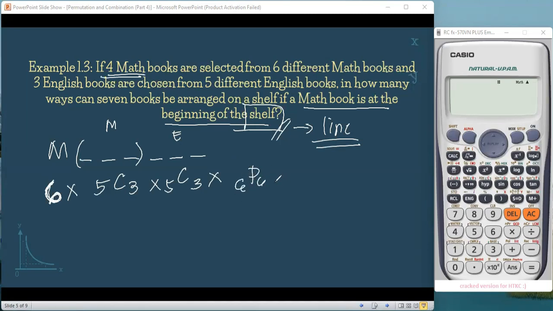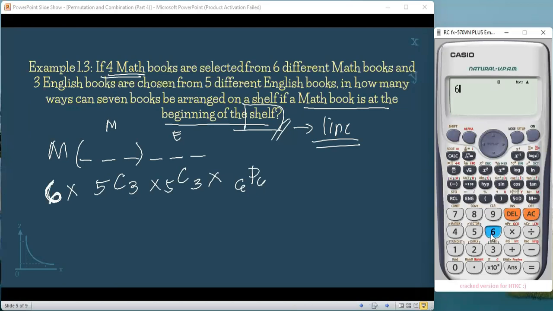So, bakit nga po 6 na lang po? Because we only have 6 books na lang na pwede nating i-rearrange. Kasi nga po si math, hindi na natin pwedeng i-rearrange, hindi na siya kasama sa arrangement kasi sure na siya yung simula. Opo. So, ito na lang po yung pwede nating i-rearrange, itong 6 na book. So, that is permutation of 6 taken 6 at a time. So, now, let's calculate.